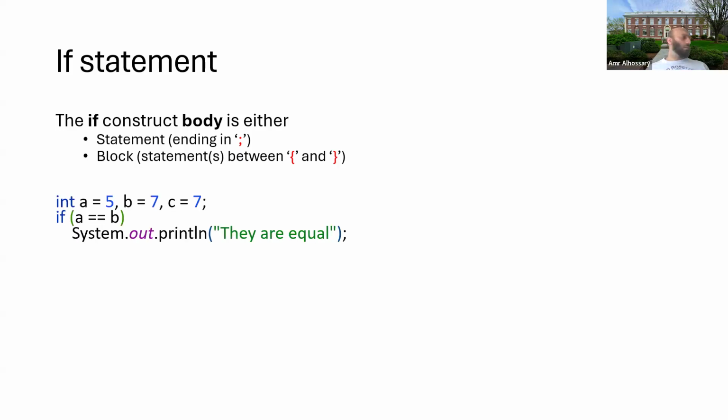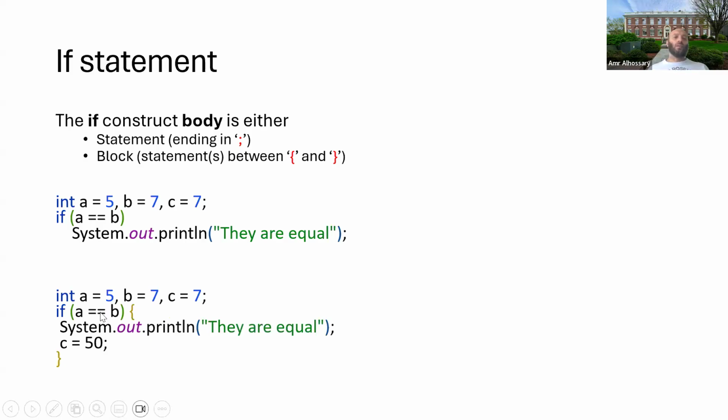If we have some variables, A equals 5, B equals 7, C equals 7. Then if A equals B, this is false. Then the body will not be executed, will print nothing.